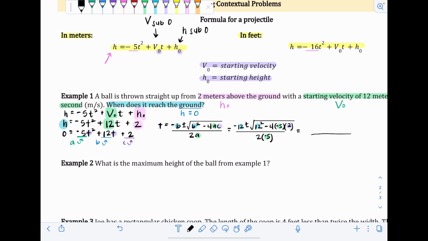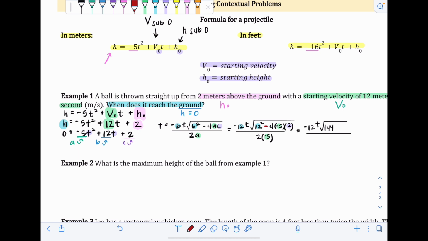And then we'll start to simplify the inside of the radical. So I'll bring over the negative 12 first to start, and then plus or minus the square root of, inside the radical, 12 squared means 12 times 12, so that's 144. And then for the minus 4 times negative 5 times 2, I'm going to count my negatives just like I did in the non-word problem versions of these.